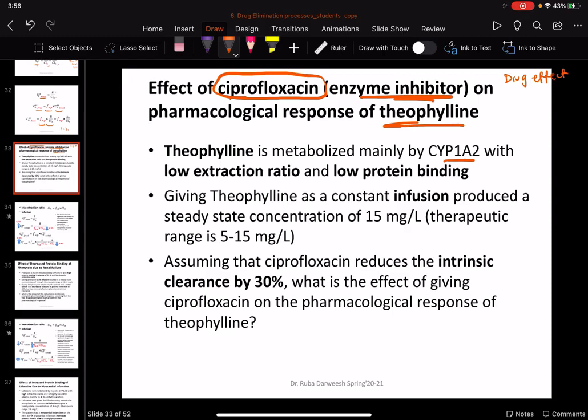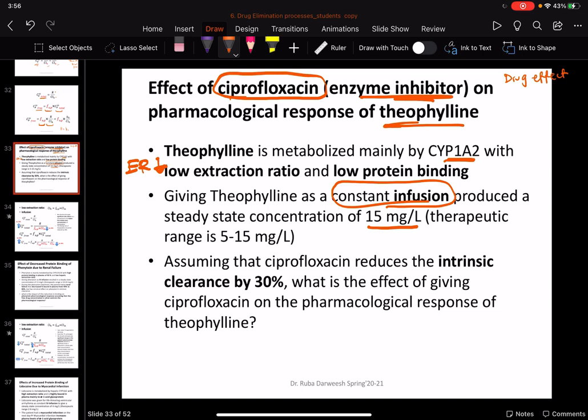Theophylline is metabolized by CYP1A2 with low extraction ratio, and low protein binding. Given theophylline as a constant infusion, the drug produces a steady state concentration of 15 milligram per liter, and then it gives you information about the therapeutic range.